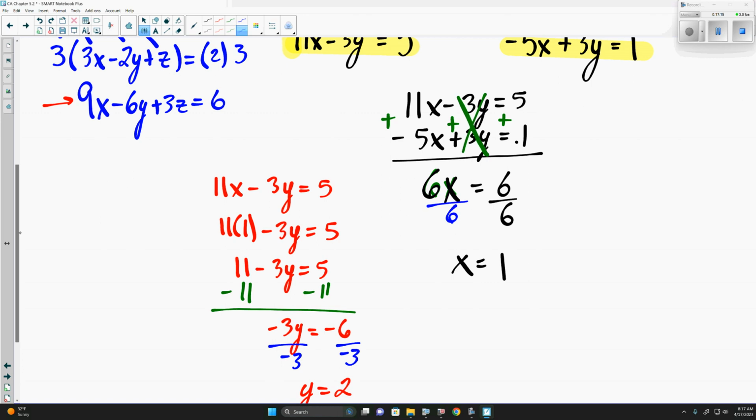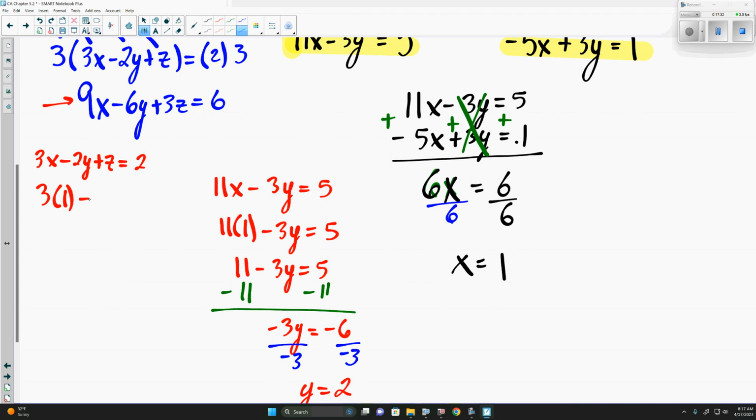I can use the top one, our 3x minus 2y plus z is equal to 2. I just picked this one mainly because z is 1 and it's positive. Doesn't really matter which one we pick.